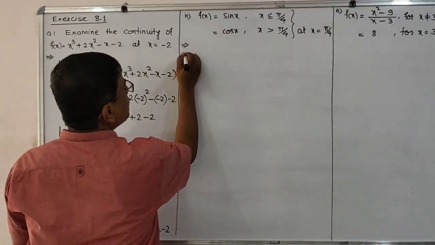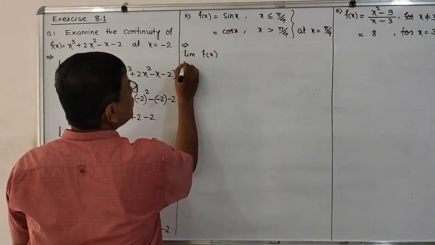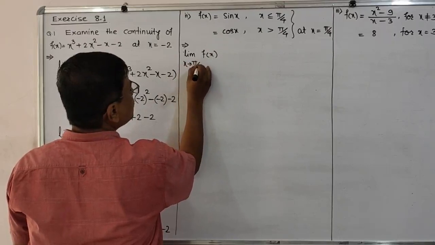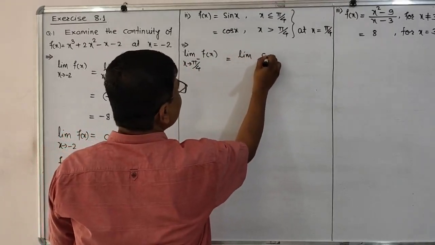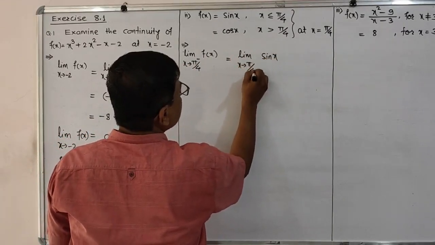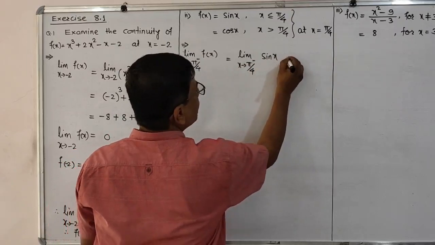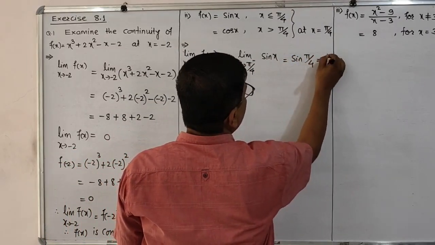LHL means limit of f of x as x tends to pi by 4 minus, and for this the function is sin x. Substituting this value here, it is sin pi by 4 and its limit is 1 by root 2.